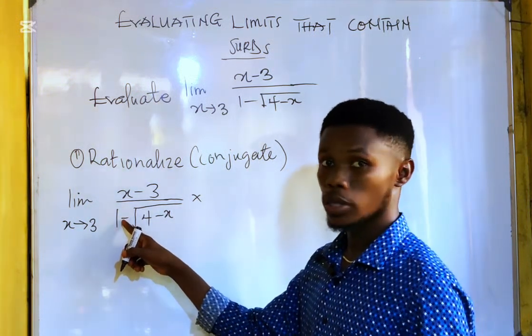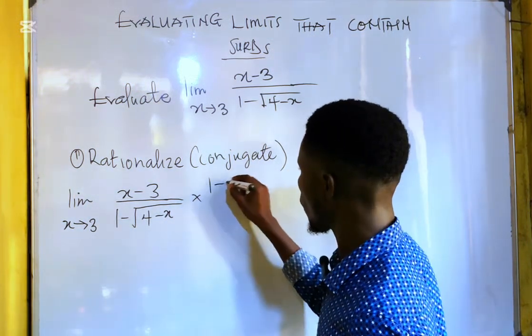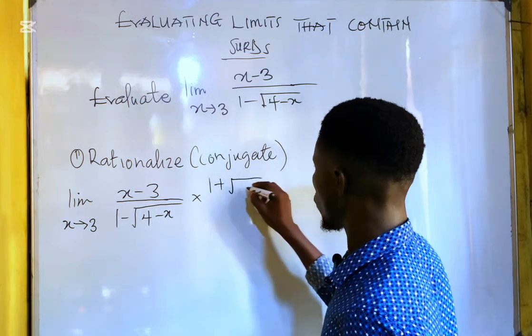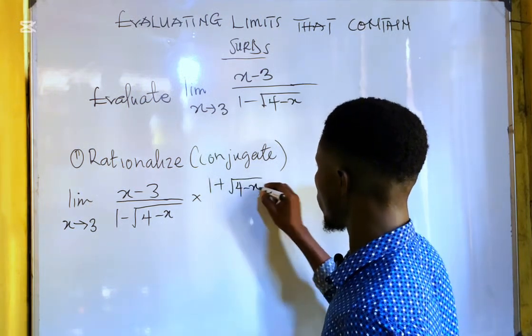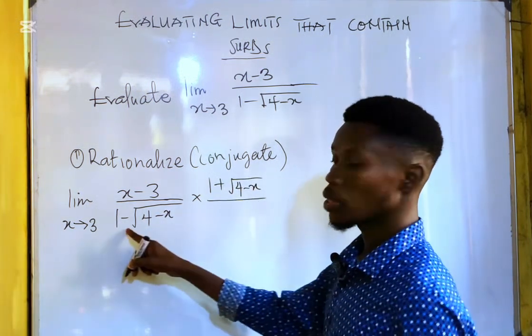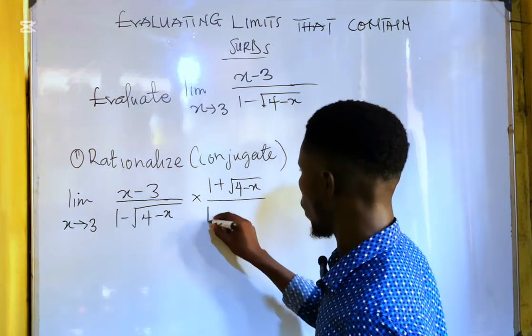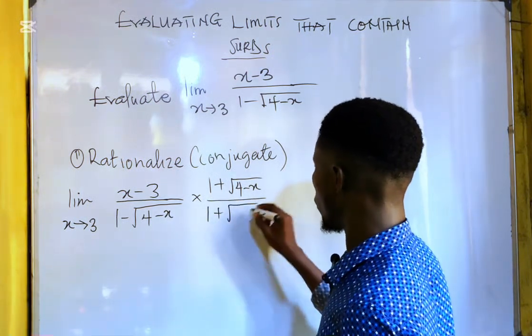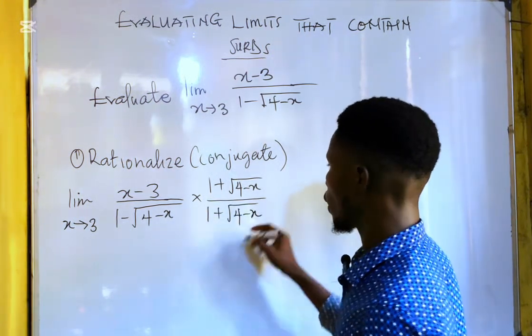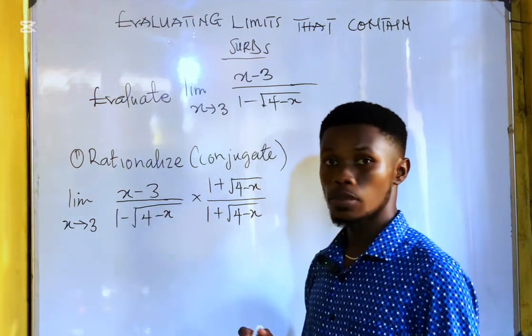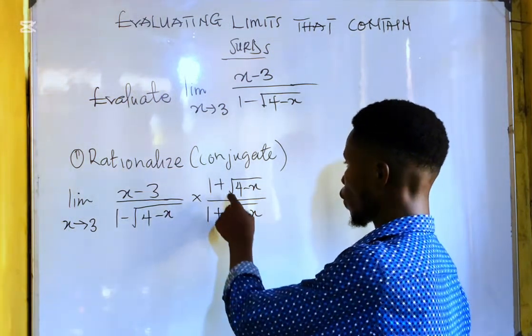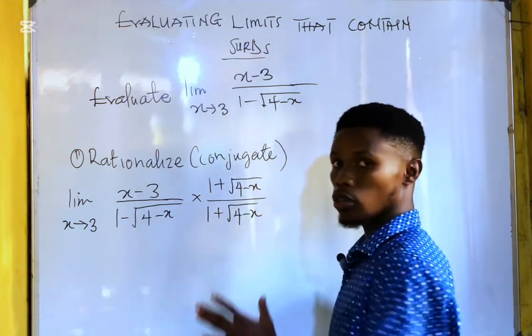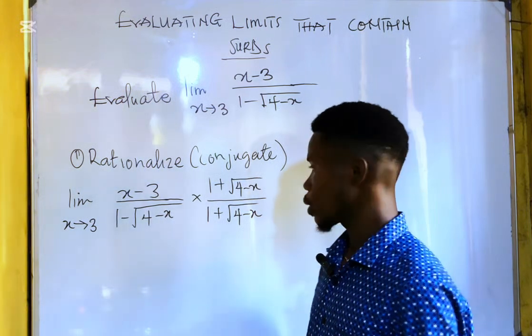That's the meaning of the conjugation. So here is going to be 1 plus the square root of 4 minus x. The same thing will happen at the top: 1 plus the square root of 4 minus x. I haven't changed the question, because if I take this over this, it will give me 1.